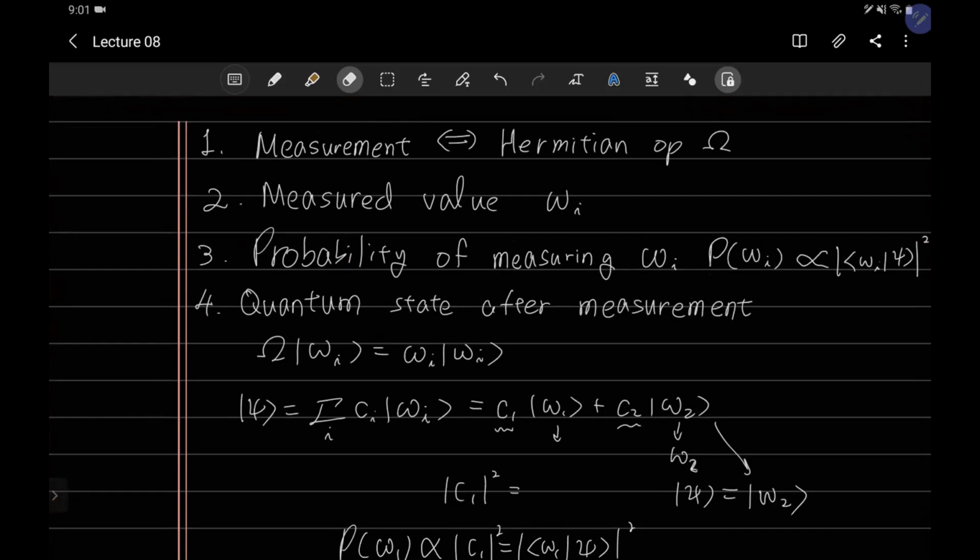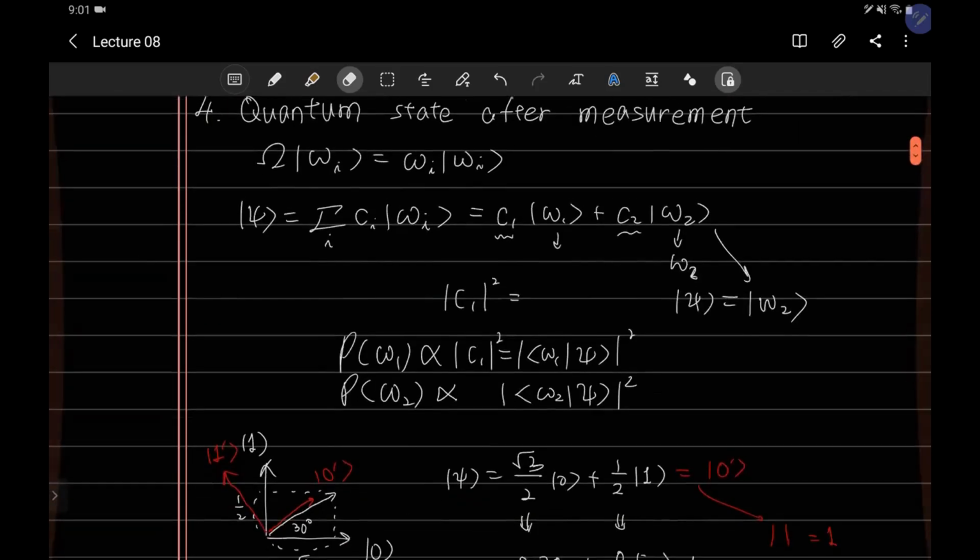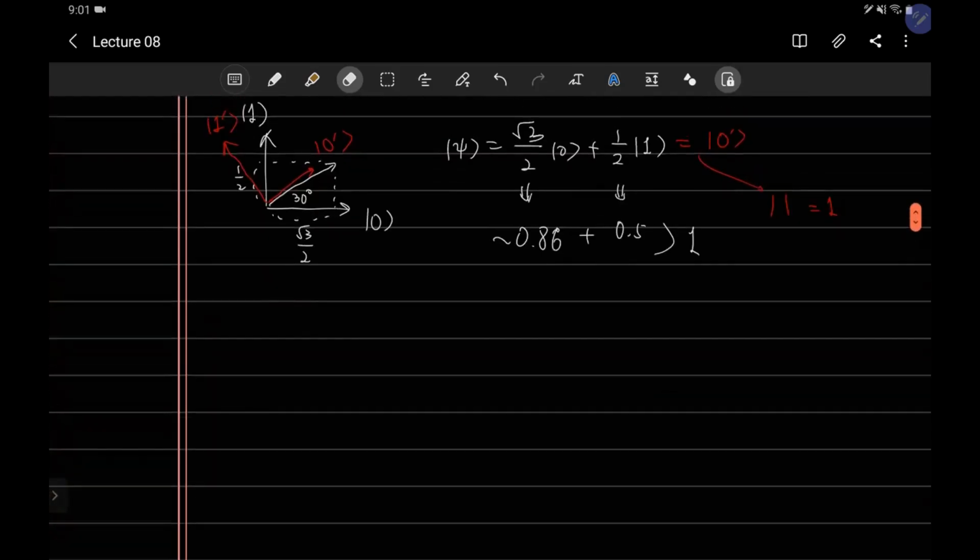But if we normalize the coefficients, then the probability is simply the same as the square of the probability amplitude. So it is conventional to normalize all the vectors. In quantum mechanics, we generally prefer to normalize the vector rather than using some other length of the vector.